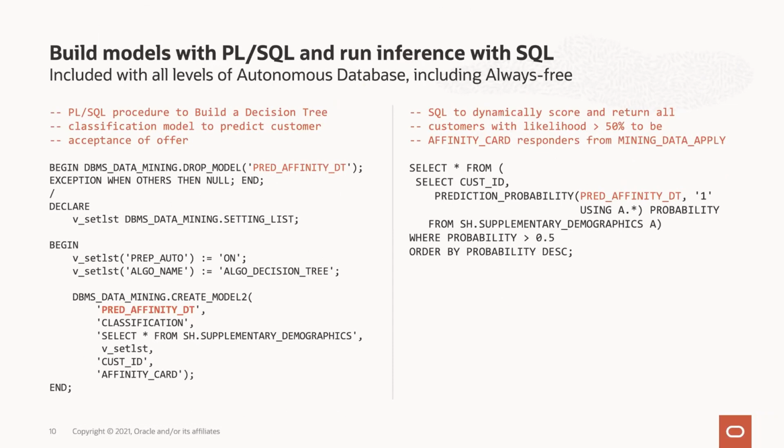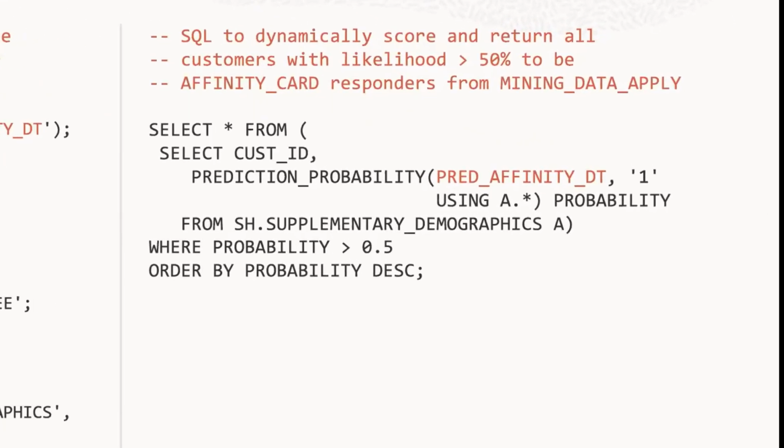On the right-hand side, I'm using SQL to dynamically score and return all of those customers with a likelihood of more than 50% to be a responder. Because this is just plain SQL, you can use JDBC.